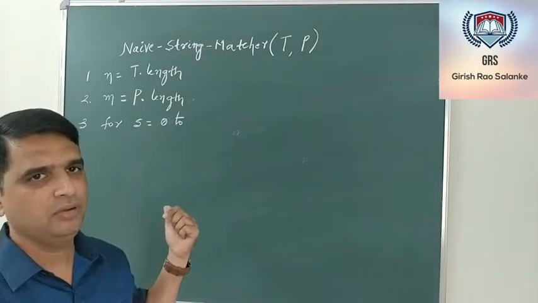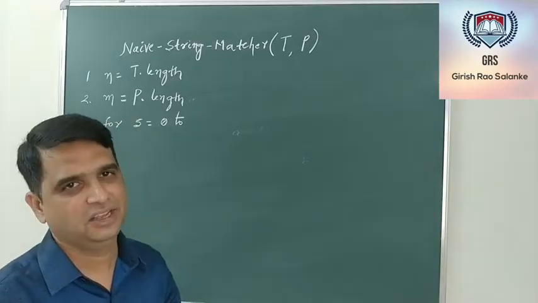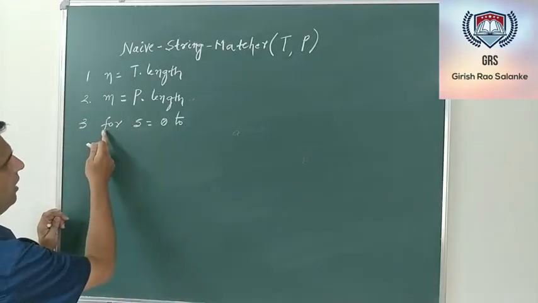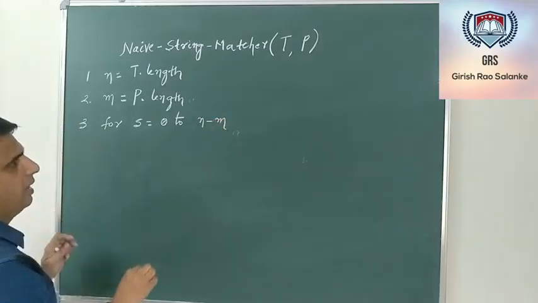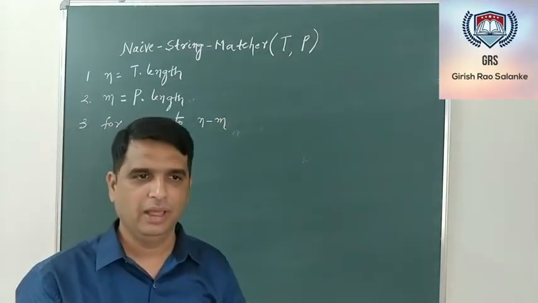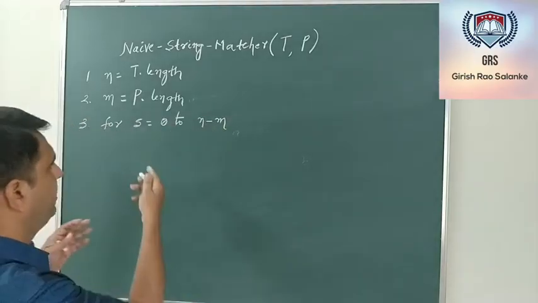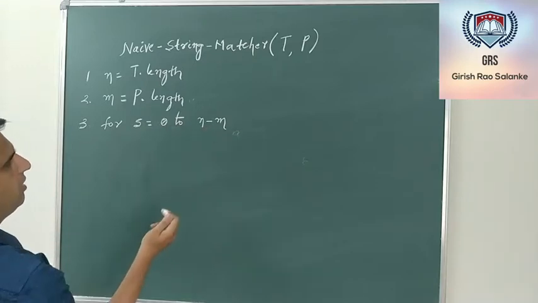So in the previous example you saw that we got the answer somewhere in the 7th or the 8th iteration. I may go up to n minus m iteration. So this is for s is equal to 0 to n minus m. Actually it is nothing but n minus m plus 1 iterations. As I am taking it from 0, it is from 0 to n minus m.